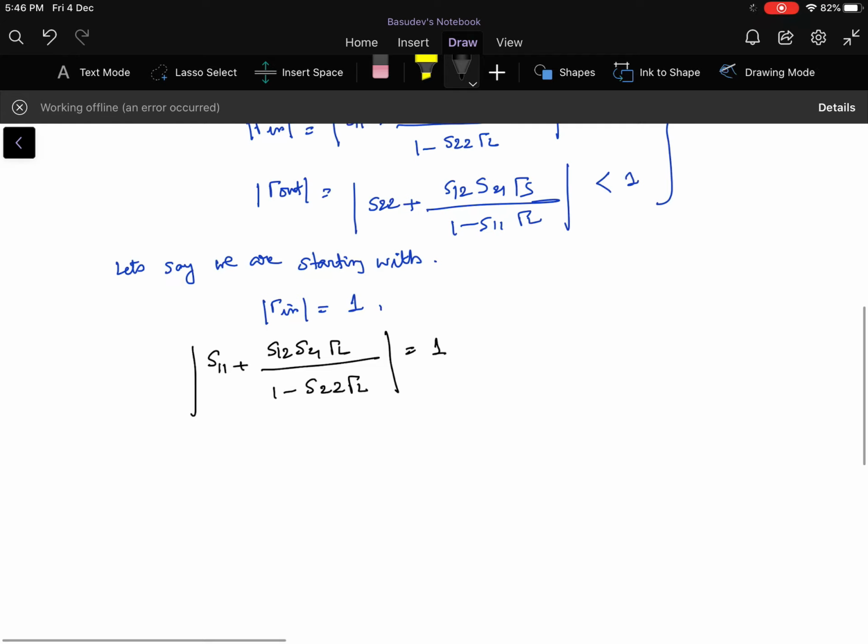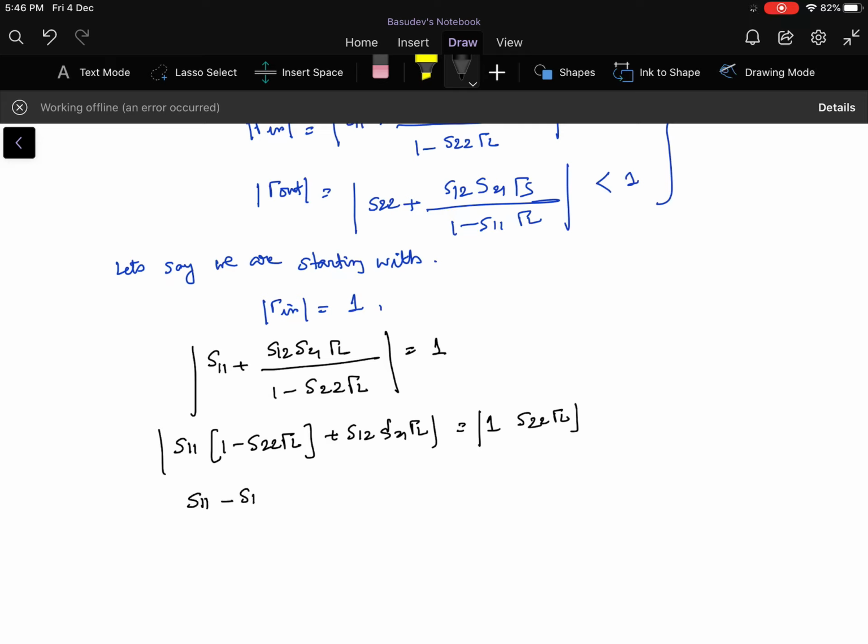So now I will multiply it. So it will be |S11(1 − S22 τL) + S12 S21 τL| equal to |1 − S22 τL|.